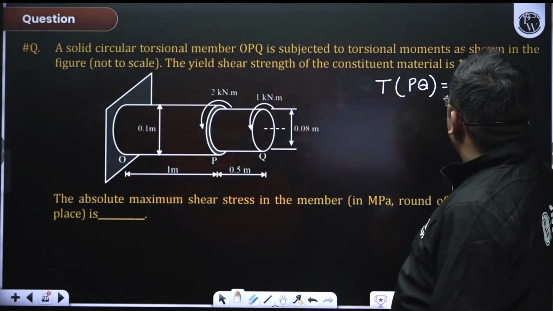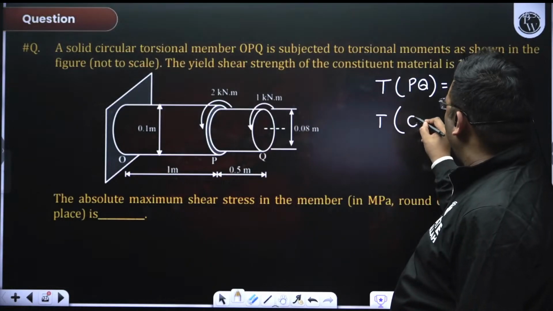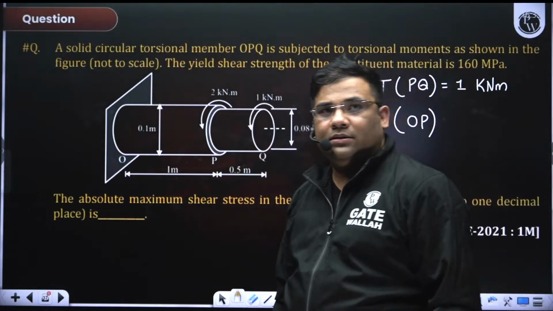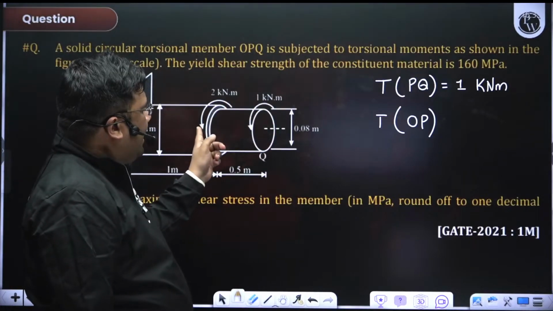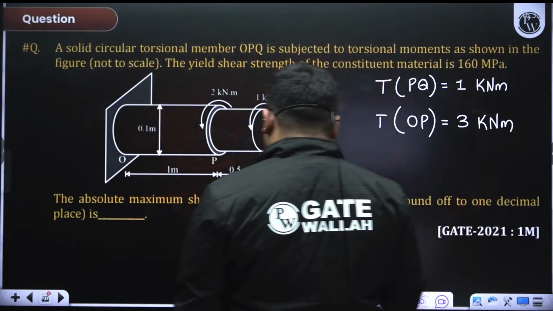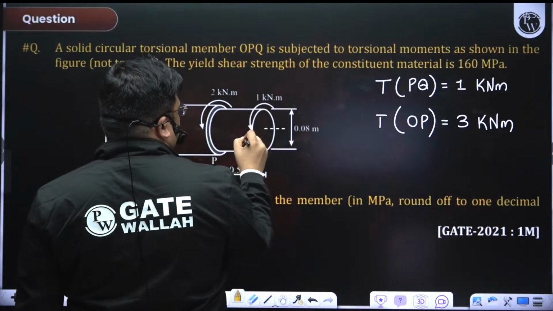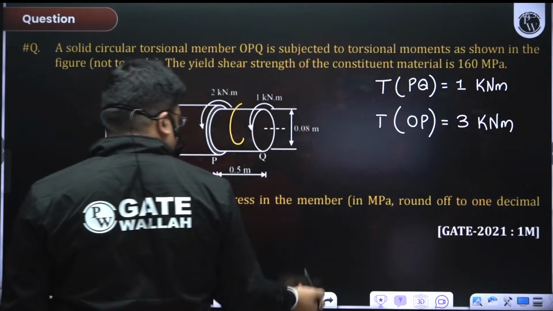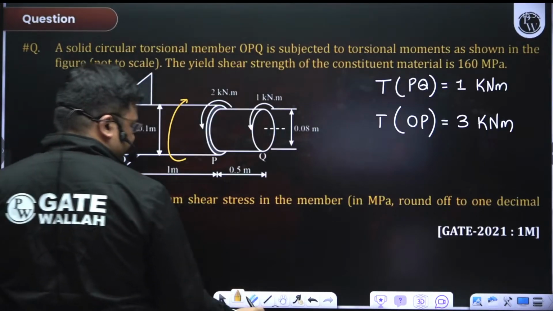But in the OP part, it will be 1 and then 2 added, so the total will be 3 kilonewton meter. In this portion, to balance, there has to be 1 kilonewton meter, because here 1 is acting to balance 1. But if I want to balance here, it has to be 1 plus 2, 3, right?